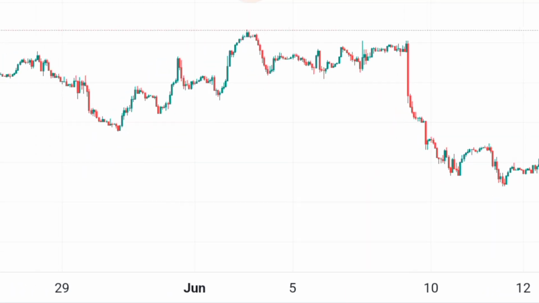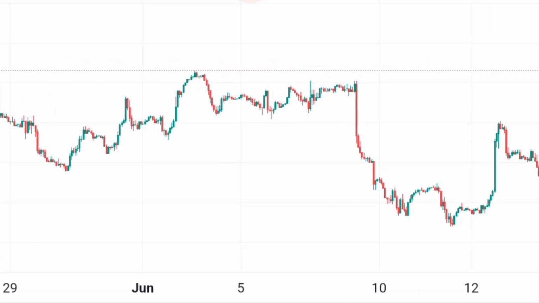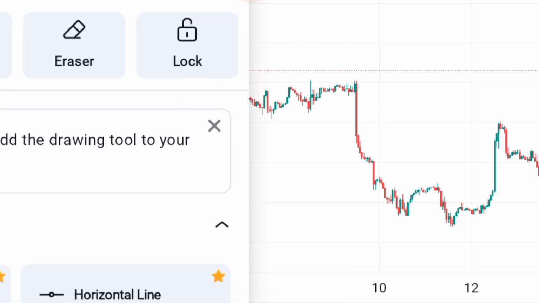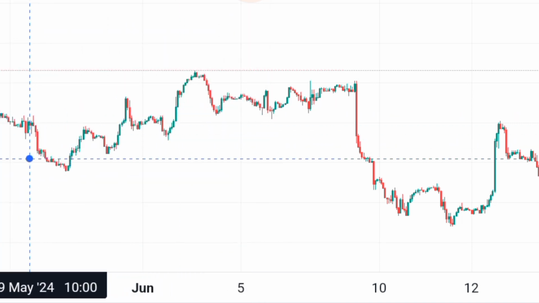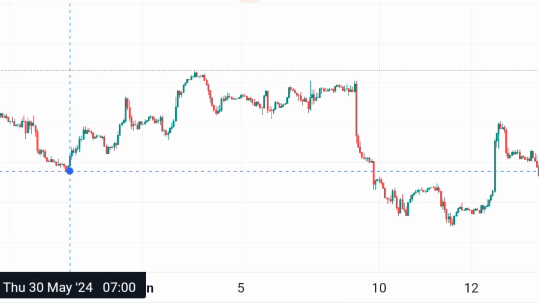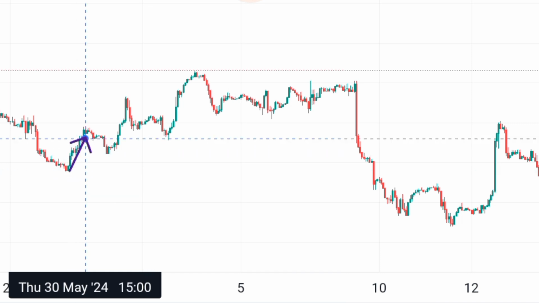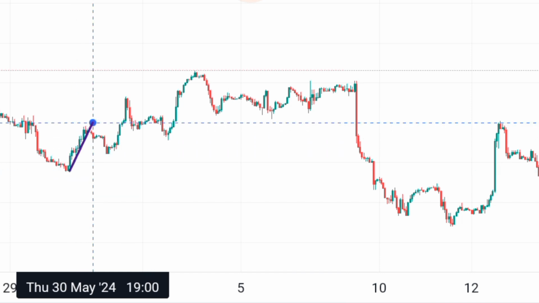Okay, so now if you come to our structure here, we're going to start from right here and analyze. So let's start with this structure here. This structure was kind of bullish when you start from here. It was bullish. Why? Because of these higher highs and higher lows the market was making.